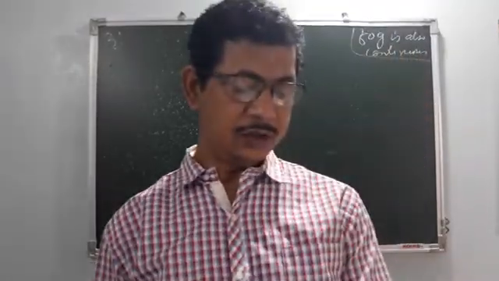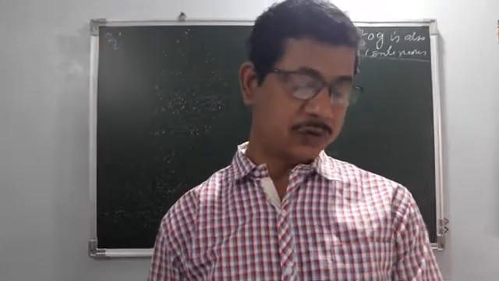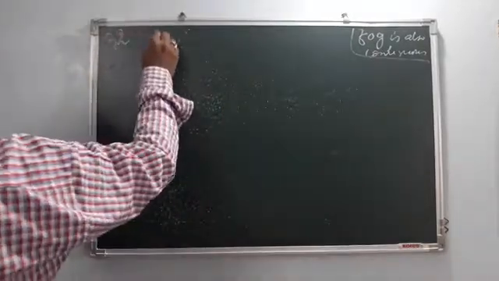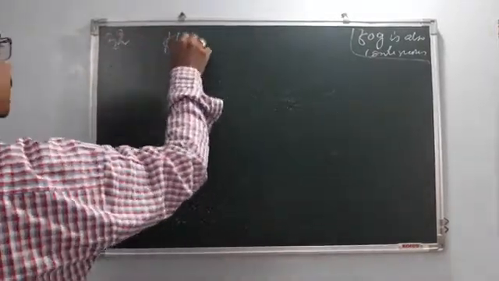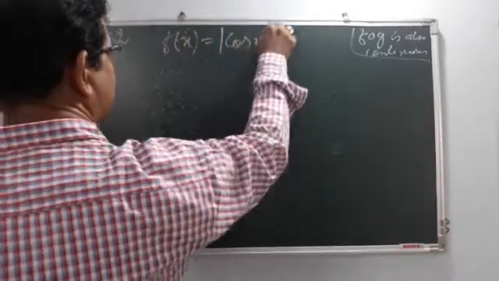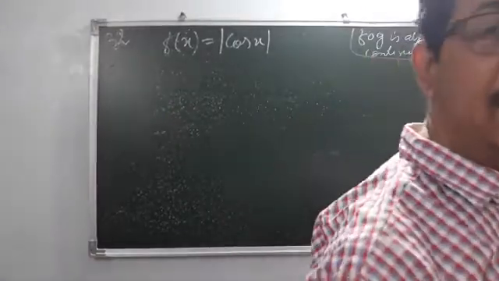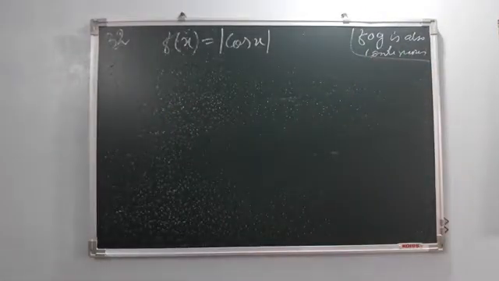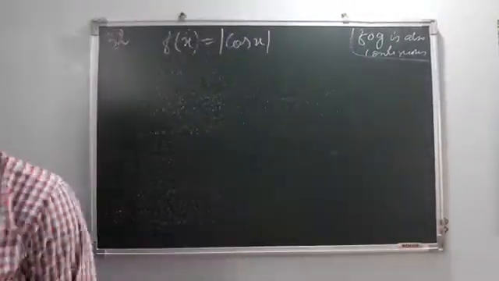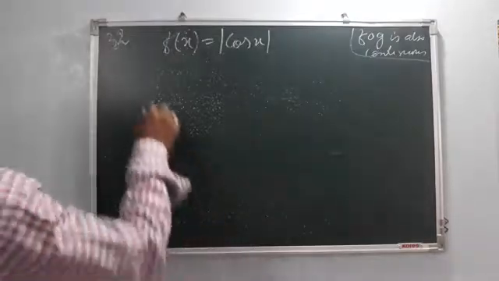Show that the function defined by f(x) equal to modulus cos x is a continuous function. Here again they have given a composite function, so let's see how. f(x) is modulus cos x. Now we will try to manage this sum as a composition of two continuous functions.